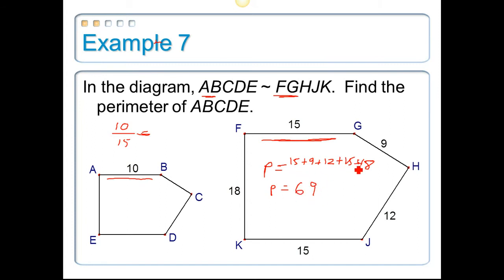So this is 30, this is 30, and then you have 9 left over, so it looks like 69. So we know that's the perimeter of the big shape, and we put the big shape on the bottom. There's the big side. In the big shape, that was one of its sides. So we need the perimeter of the big one right here.